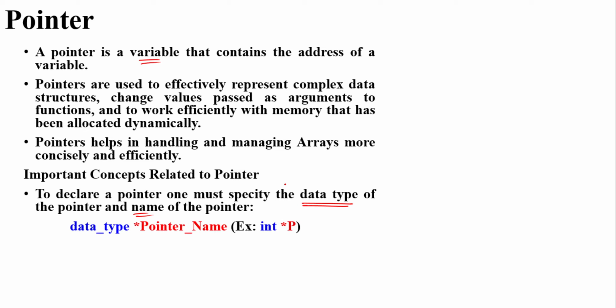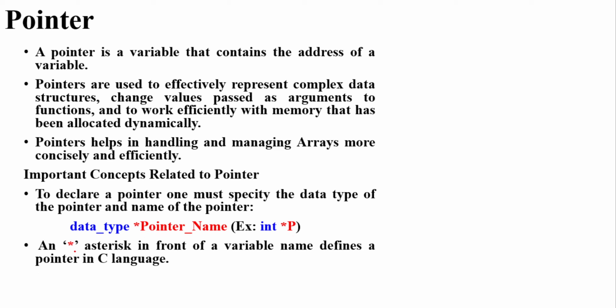So how to declare a pointer? You have to specify a data type, then a pointer name along with an asterisk sign. In this example, int asterisk p. So asterisk p is the pointer declared, and it will have a data type of integer, int.